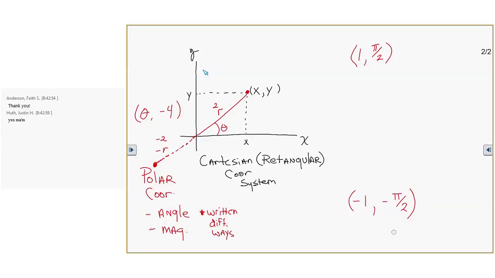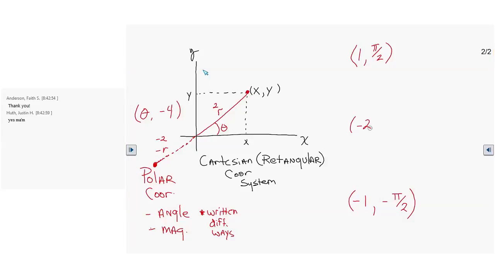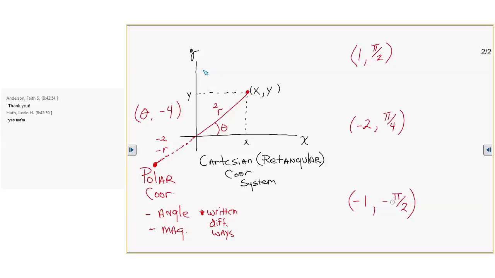Okay, y'all see that eraser work. Let's see how long it works. -2, pi over 4. Draw you a grid and draw those three, just kind of a review.